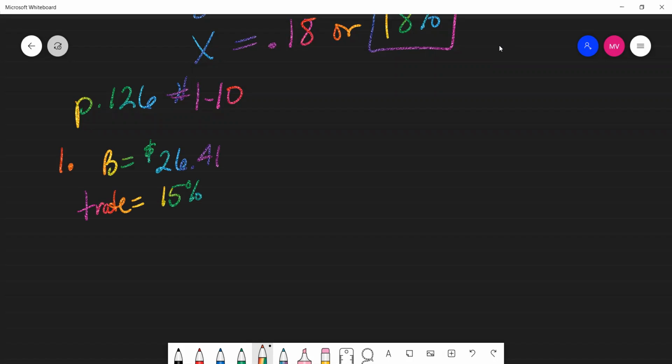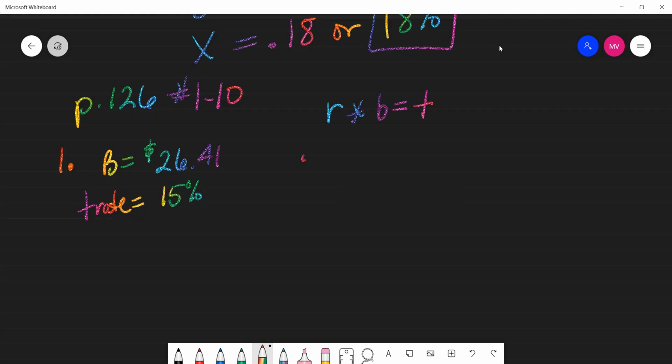All right, so your answer is going to be something 0.25, 0.50, 0.75, or a whole number. All right, so if we use the tip equation that we have there on page 124 that says the rate times the bill equals the tip, well, we have the rate, it's 15%.